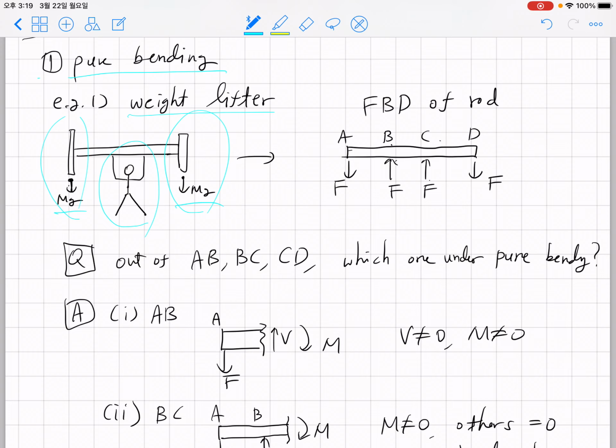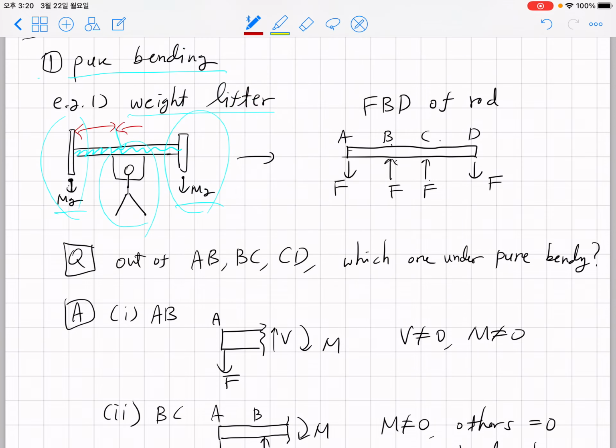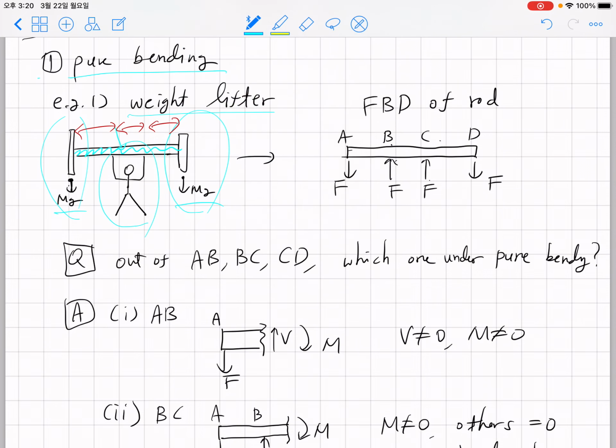And given this free body diagram, for simplicity, let's say that we can ignore the mass of this bar. In that case, there can be three sections: this section, and that section, and that section. Out of these three sections, we can think about which one would be in pure bending status.